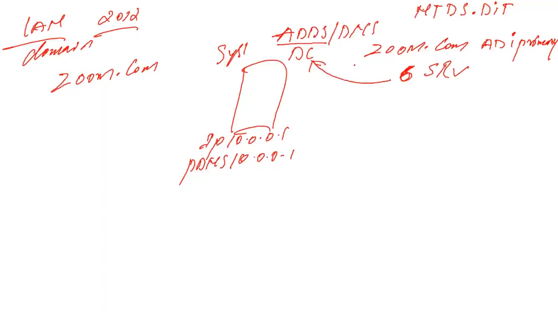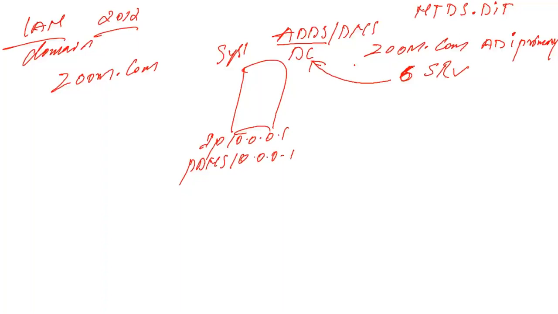Now try to understand. I'm saying our entire network information, all servers, all clients, all member servers, users, user passwords, everything, is available in Active Directory. But the Active Directory information is available in 6 SRV records, and the 6 service records are available in the Active Directory Integrated Primary Zone, and that zone is available in the DNS service.